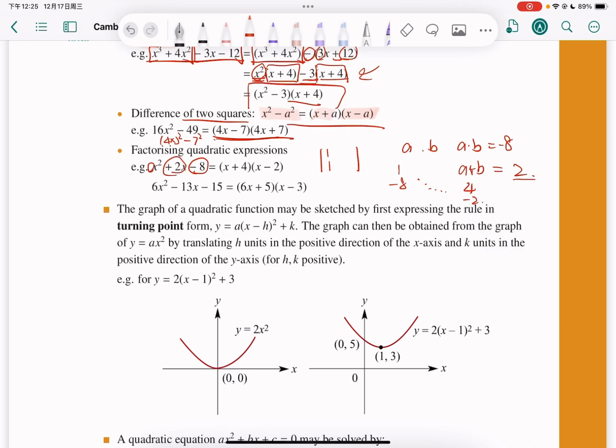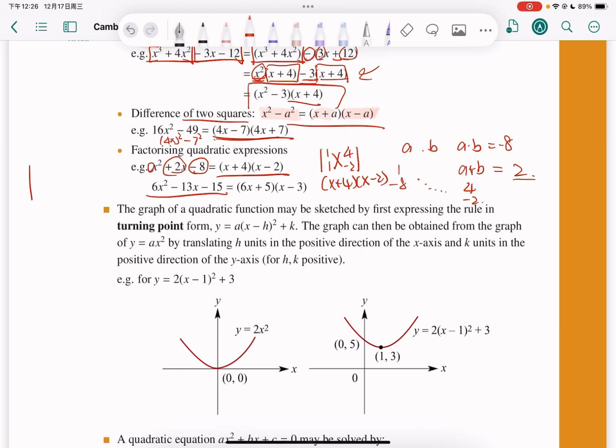So 4 times minus 2 is negative 8, and 4 plus negative 2 is 2. So we take 4 and negative 2, and we cross multiply, which becomes x plus 4 and x minus 2, which is exactly the same as this one.